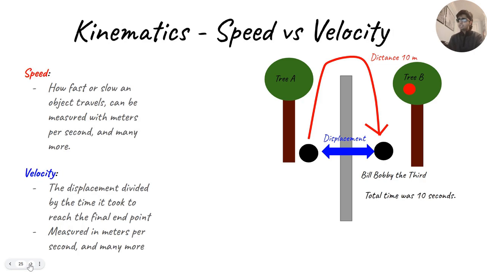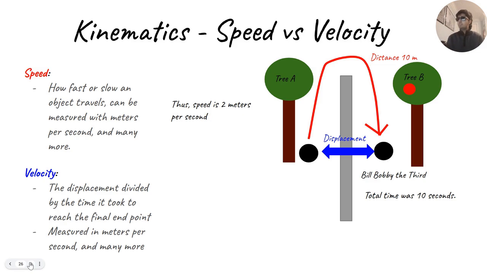Now, you may be questioning, what's the difference between speed versus velocity? Well, here in this example, let's say that the total distance was 10 meters and the total time was 10 seconds. Thus, the speed is 1 meter per second. Sorry, I kind of made a mistake. But essentially, the speed is 1 meter per second as you took the total distance divided by the total time.